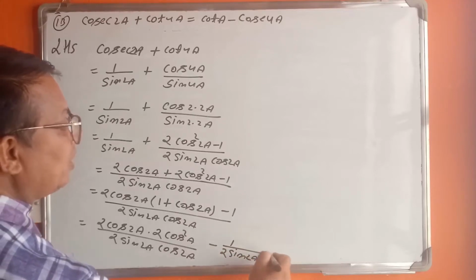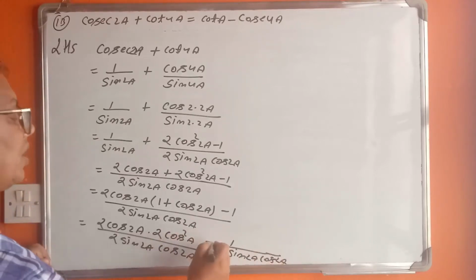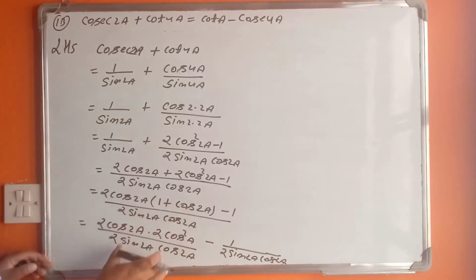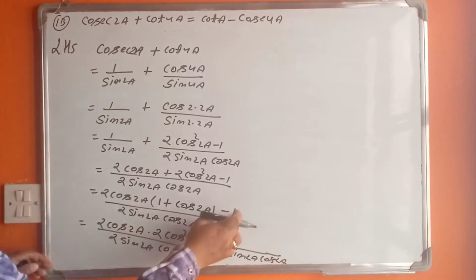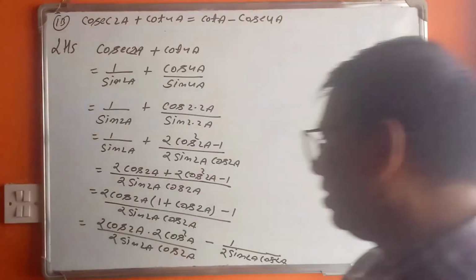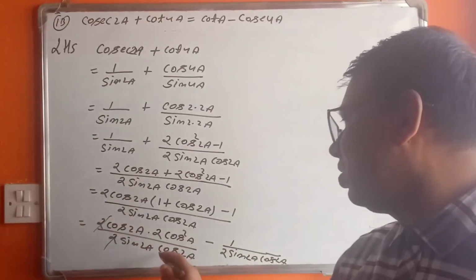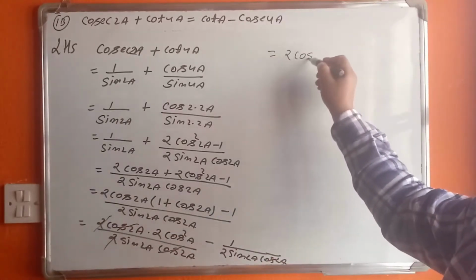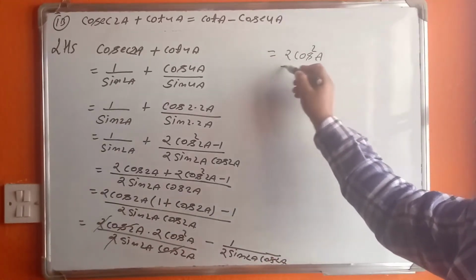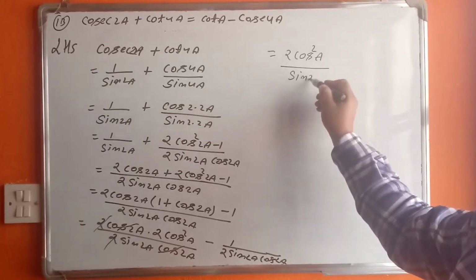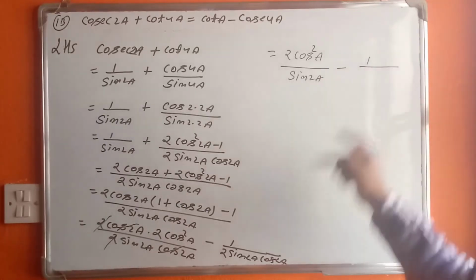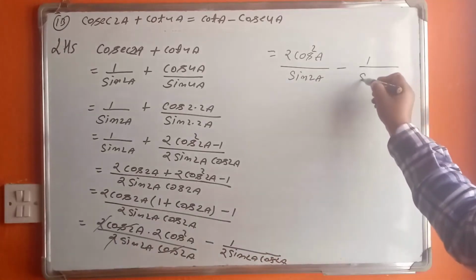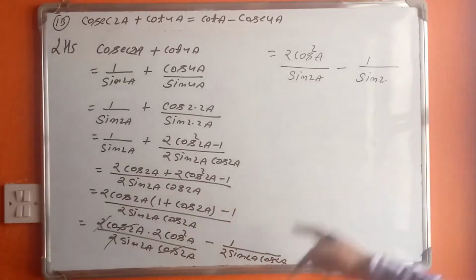You can write this because this minus is below. 2 cos 2a as it is. 1 plus cos 2a means 2 cos square a over this, again minus separated, 1 by this. Now cancel: 2 cancelled, cos 2a also cancelled. Remaining is 2 cos square a by sin 2a. Here 1 by 2 sin a cos a again. The 2 sin a cos a formula is sin 2a, so sin 2 into a means 2a.